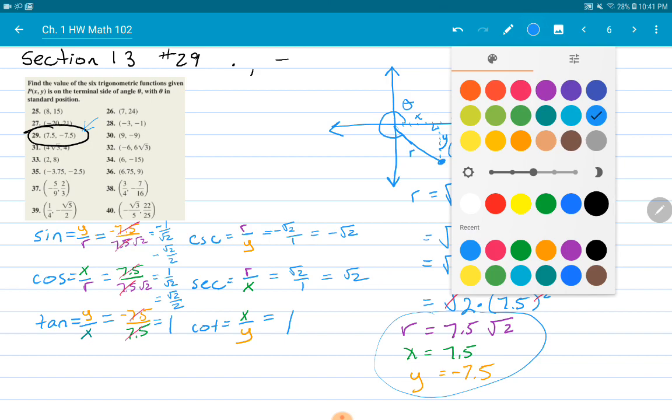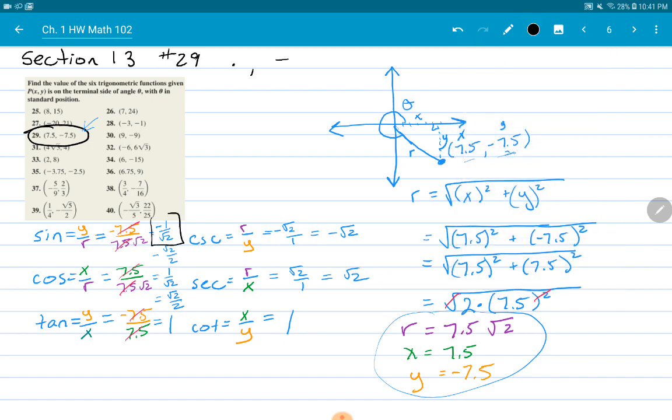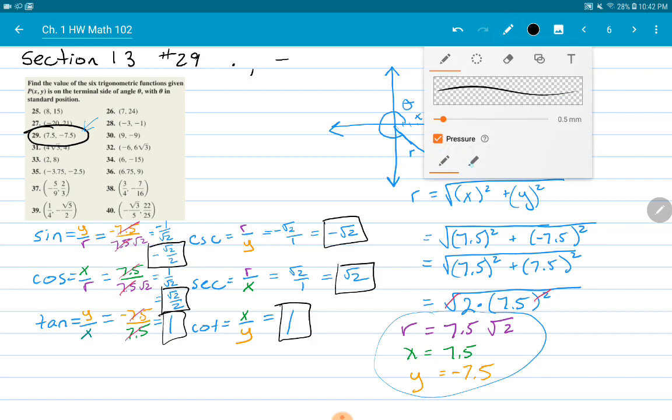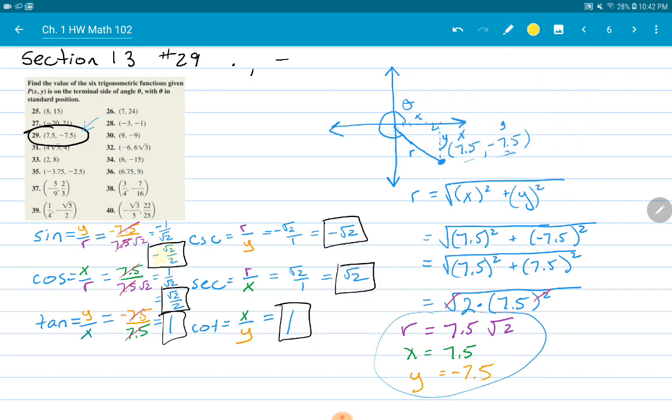Let's just put a box around just the answer part. I think let's go ahead and use the rationalized form for all of these. So there are my 6 trig functions.